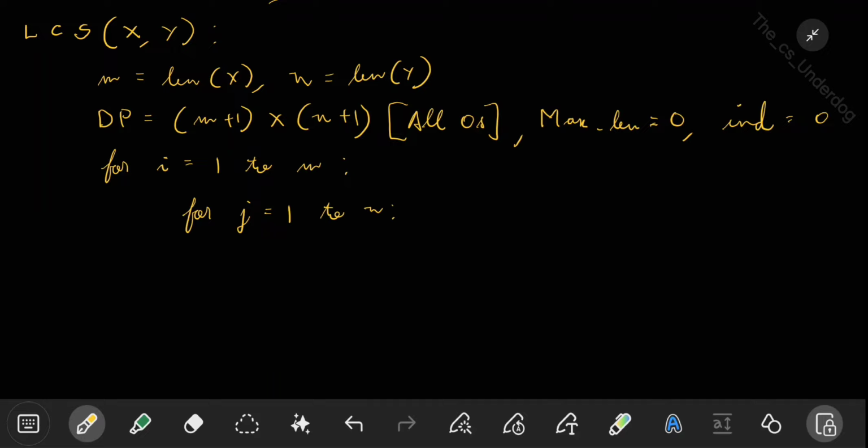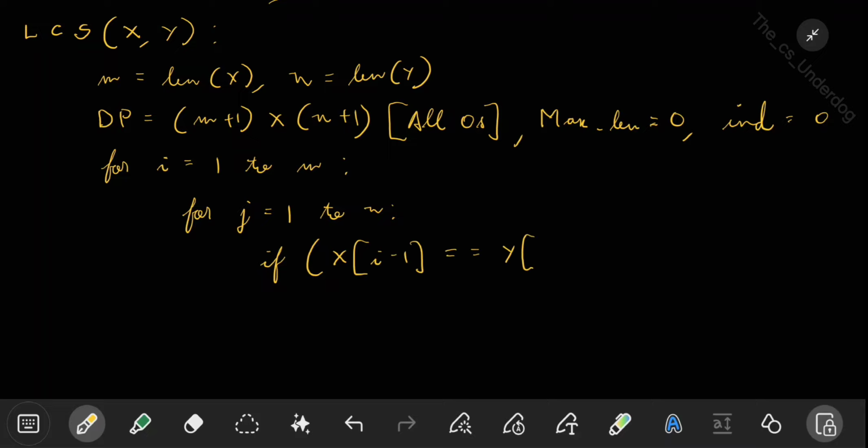While you are iterating through each entry, what should you do? You should see whether that particular character is same in the string X and the string Y. What is the condition for that? For that you should write if X of I minus 1 is equal to Y of J minus 1. If this condition is satisfied, that means this particular character in X and Y are the same.